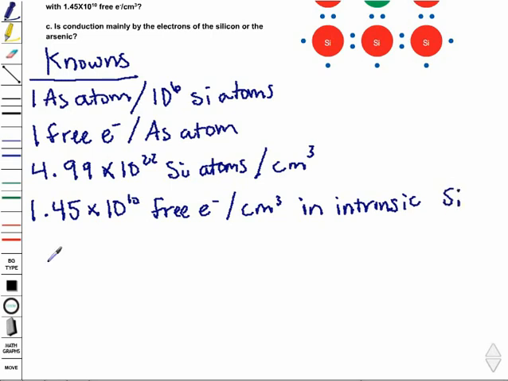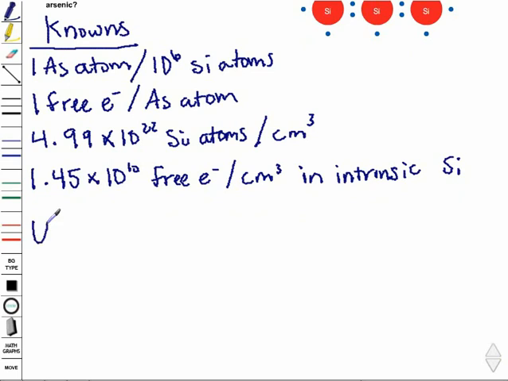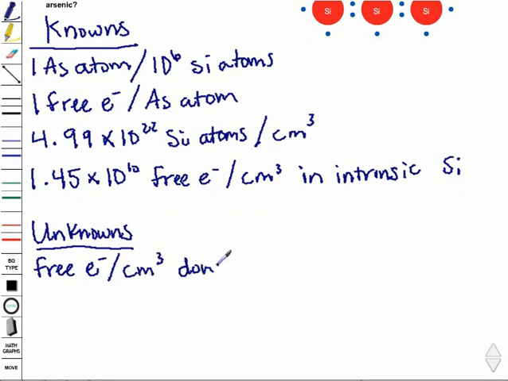The unknowns for this problem are that we are looking for the free electrons per centimeter cubed donated by the arsenic.